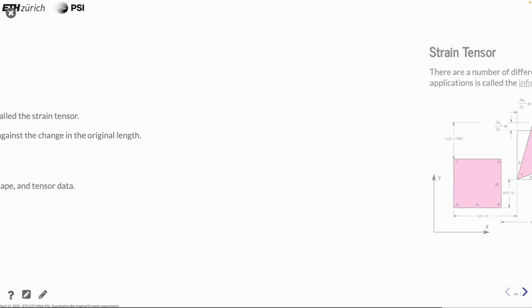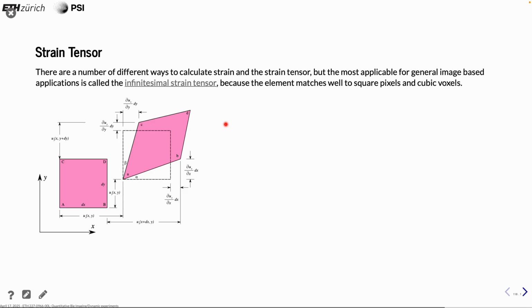And then we can get the strain tensor, which tells, in principle, how you skewed or displaced your object. That is often used in material science applications. We want to actually load a sample and see how things locally are displaced.